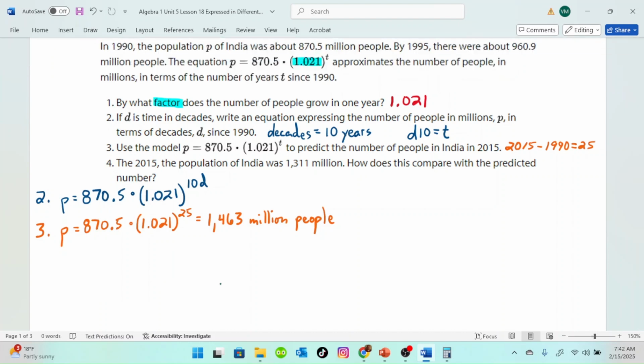Now number 4. In 2015, the population of India was 1,311 million. How does this compare with the predicted number? Well, the predicted number was higher.